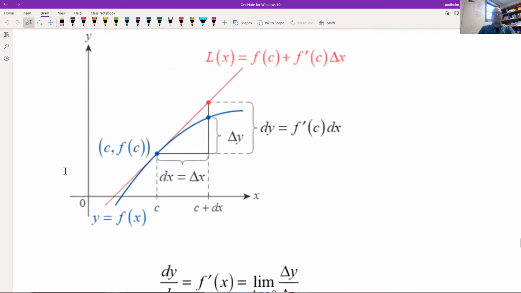Here we've got a nice picture with lots of things that are labeled. What's important to point out? Well, our tangent line makes an appearance here again.